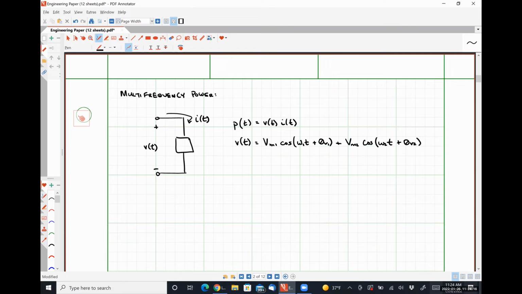We're just going to leave it as only two discrete frequencies here because it's just going to make the math ridiculous if we go anywhere past this.